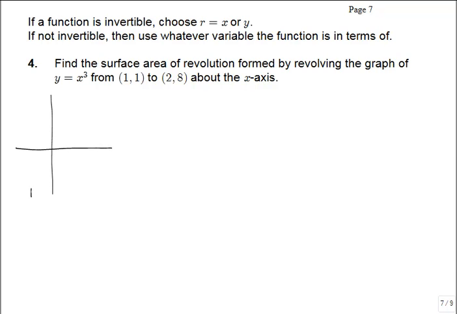So x cubed looks like this, and we want it from (1, 1) up to (2, 8). So I'm going to get this piece out of the way. We don't need that. And we're going to rotate this around the x-axis. So when I do the mirror image down here, it's going to look something like this.